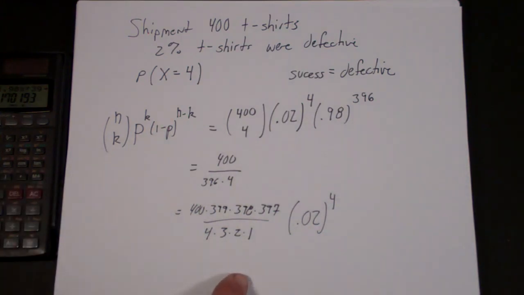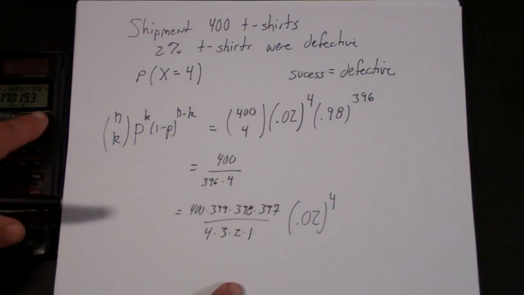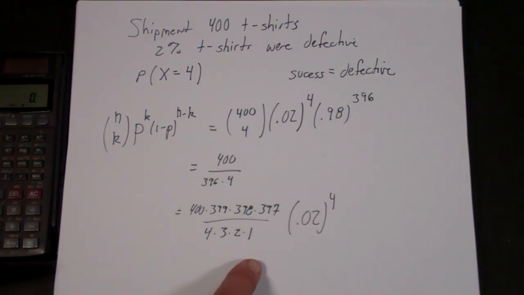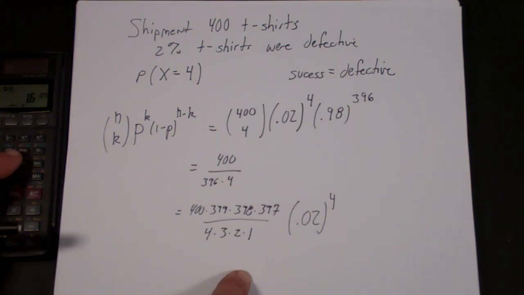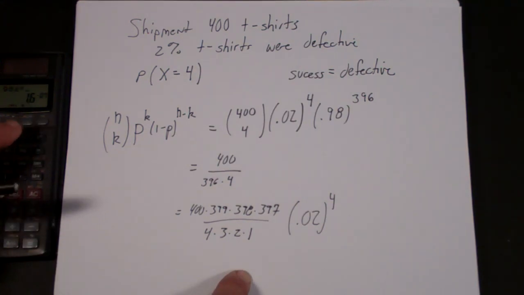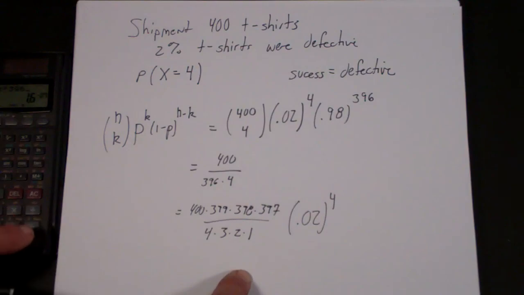And it looks like I made a mistake. I got a number greater than 1, so I'm going to try that all over again. 0.02 raised to the 4th times 0.98 raised to the 396.